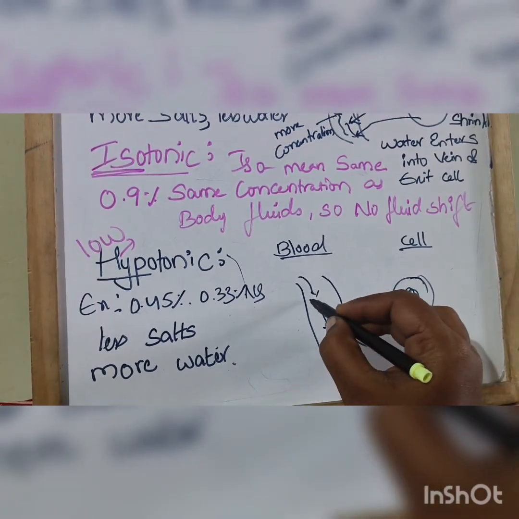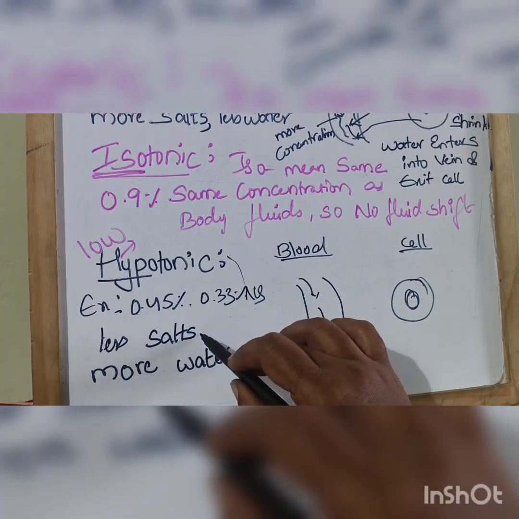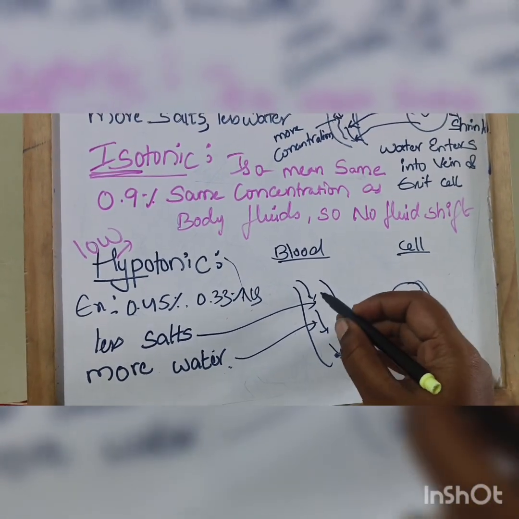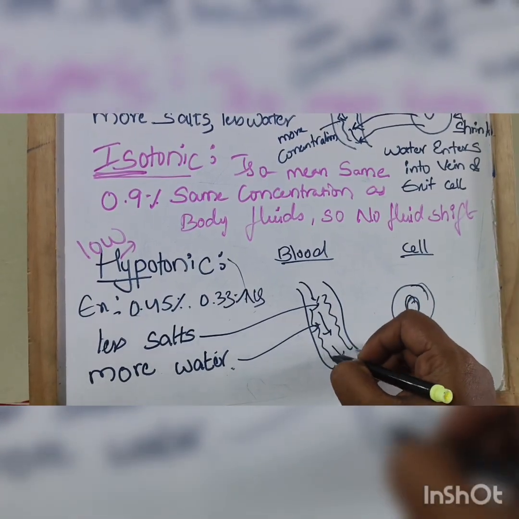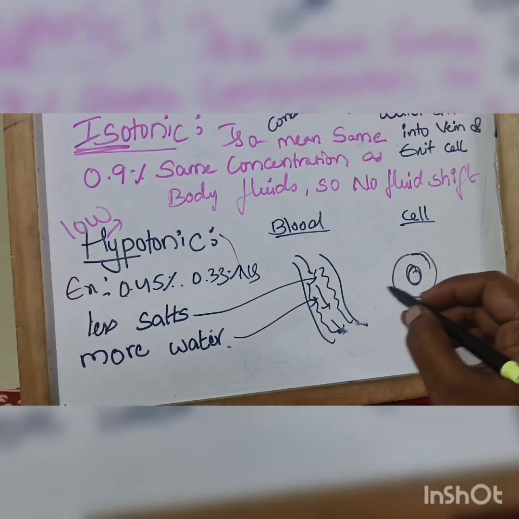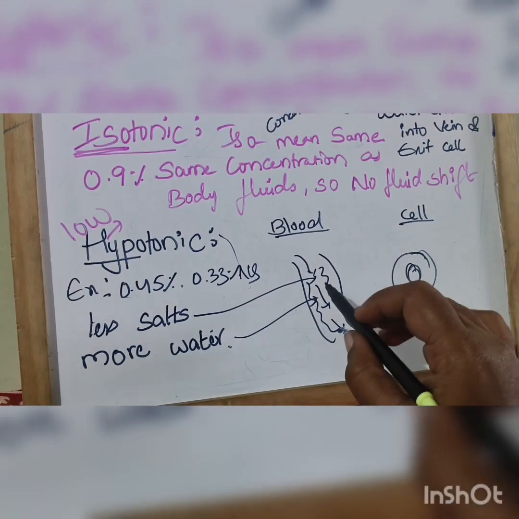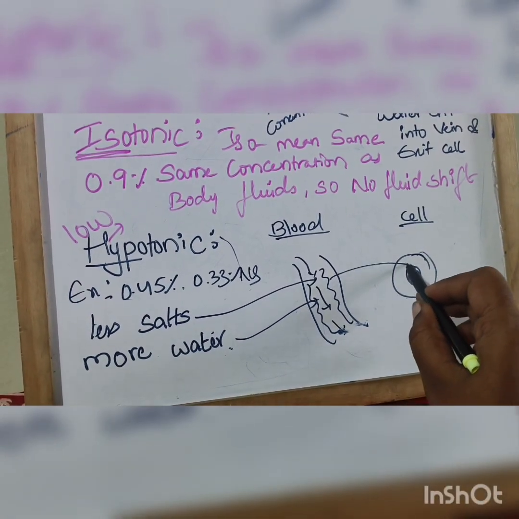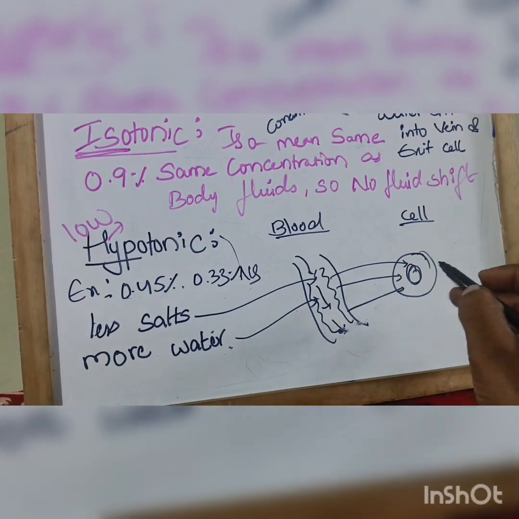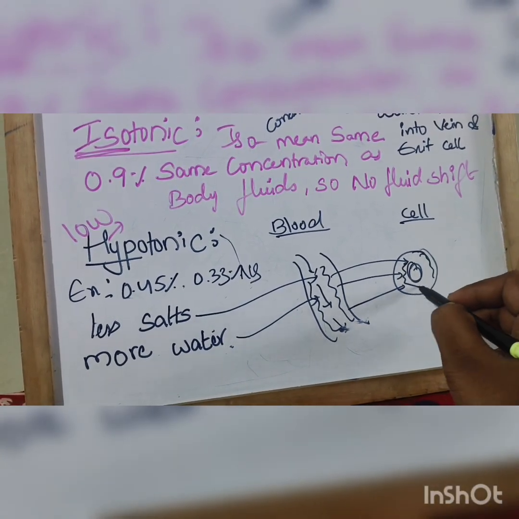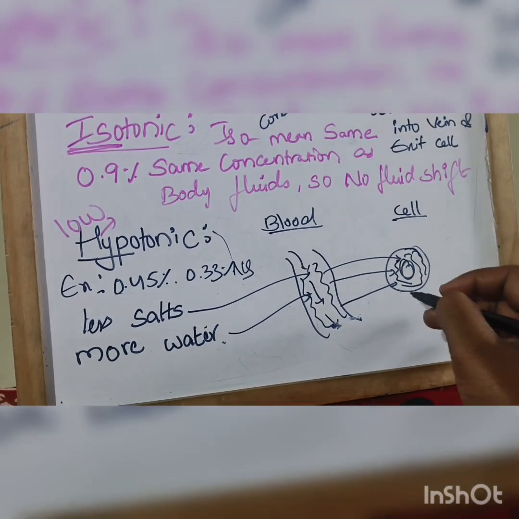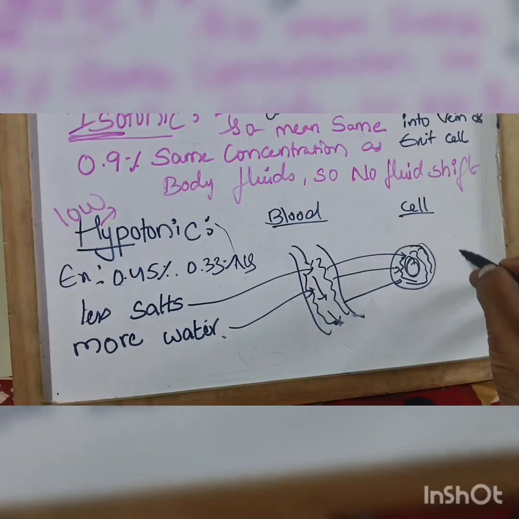After entering the blood vessels, there is more water in the blood vessels. Then the water will enter the cell to normalize the body fluids, and the cell size will increase. The cell swells.